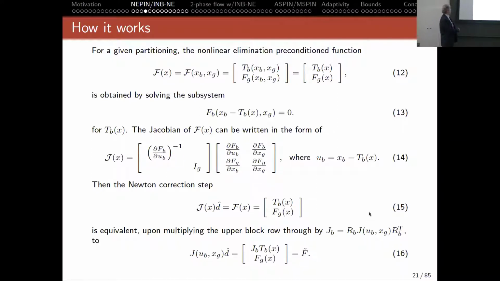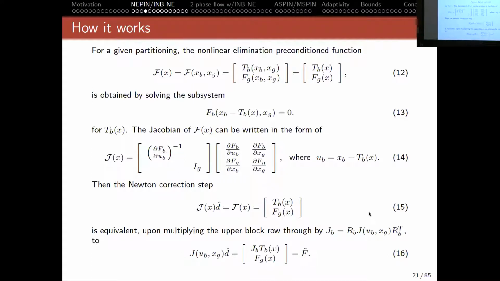So where did that come from? Well, it came from formally defining a new script f, where the bad fb is replaced by tb, and then solving. If you look at the Jacobian script j of that script f and just work it out with the chain rule, you see that it basically is the Jacobian of the original problem with a shifted argument, where u is this correction, and this diagonal scaling.